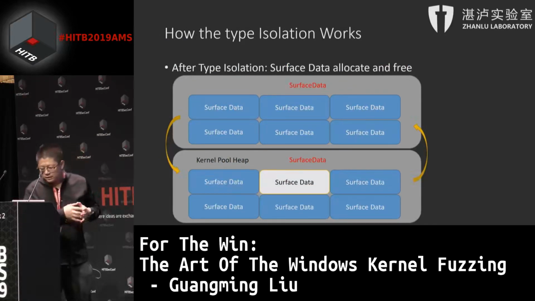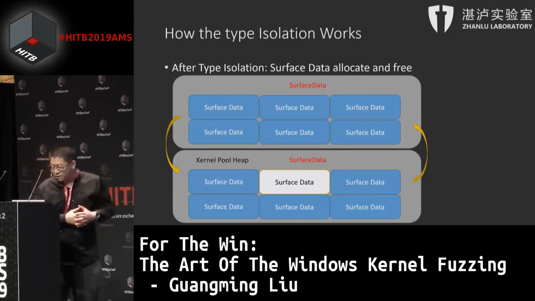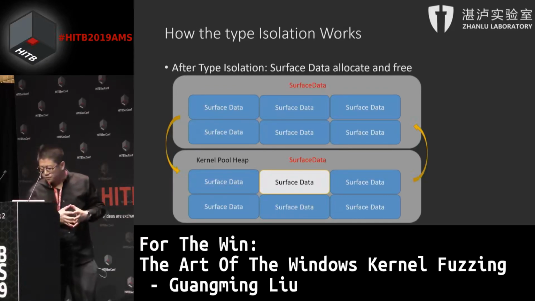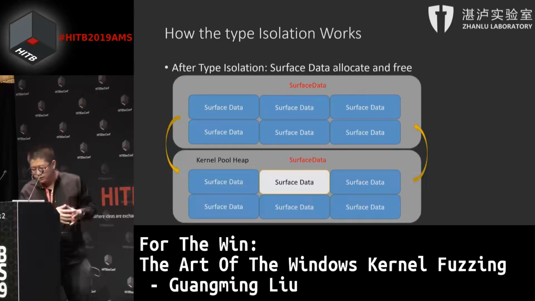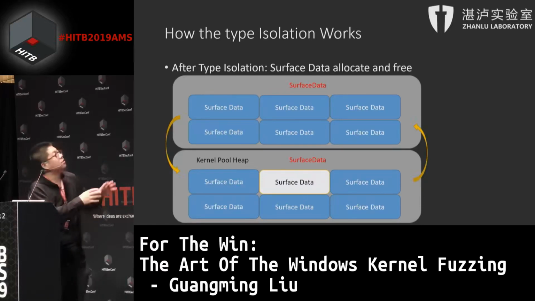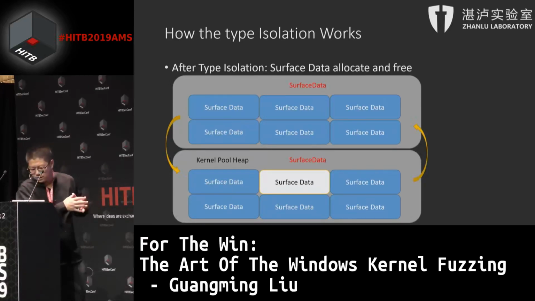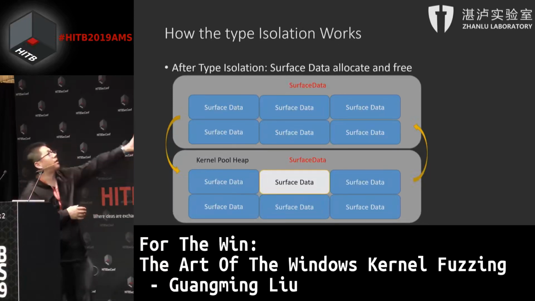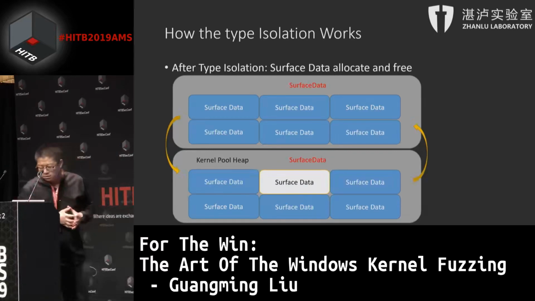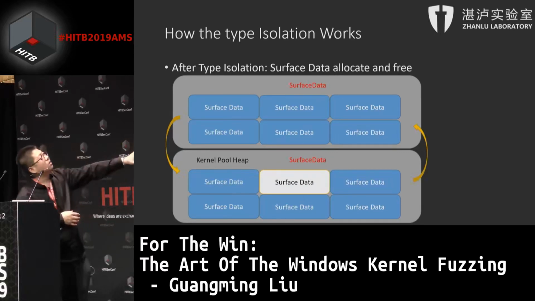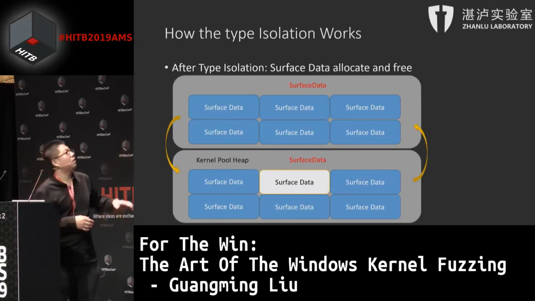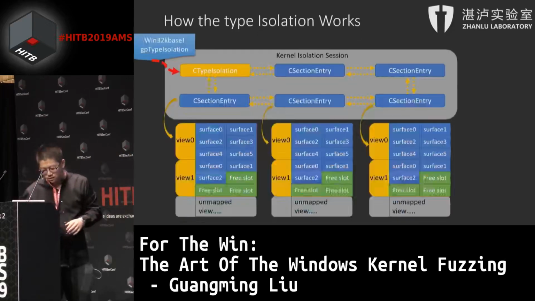And this picture shows the surface data lock and free. The surface data is allocated on the session pool, and we can only spray to the data part. We can control the data part, but the header is locked on the map view.